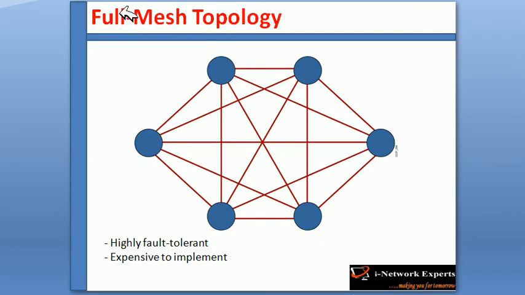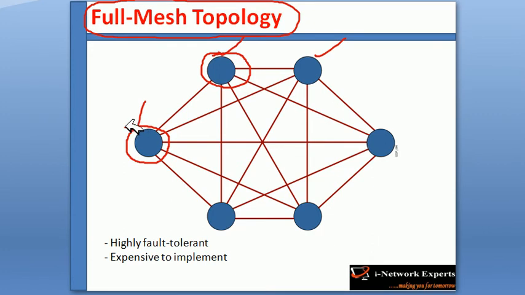This is full mesh topology. What is full mesh? When all devices are connected with all other devices. This could be a WAN connection or this could be a local area connection in a switch. Okay, so if we think about the WAN, this could be your router, this could be your router, this could be your router, and they are sitting in different locations.